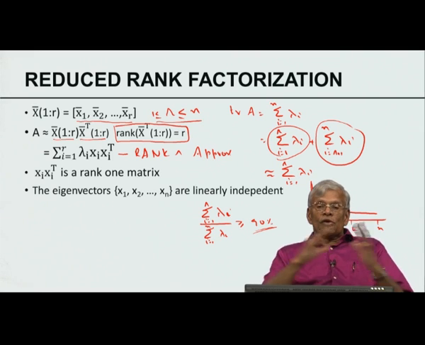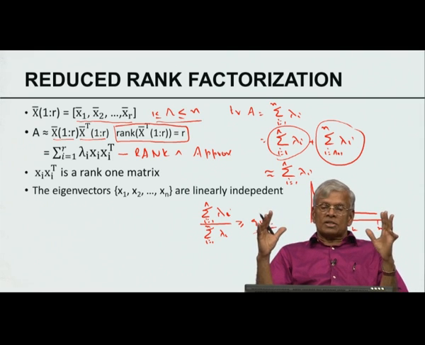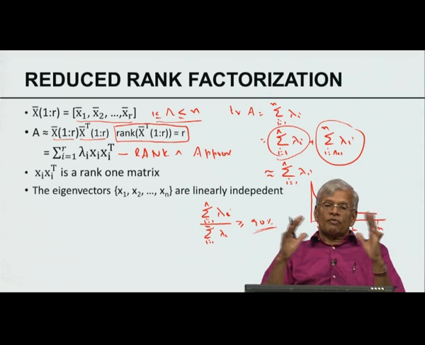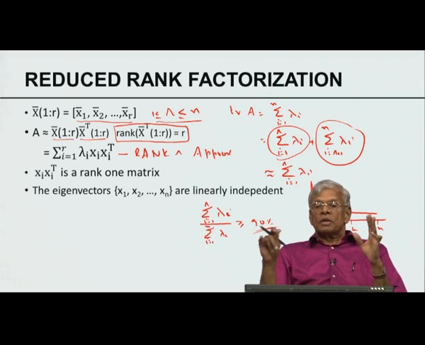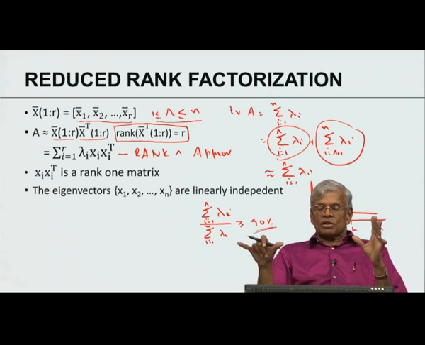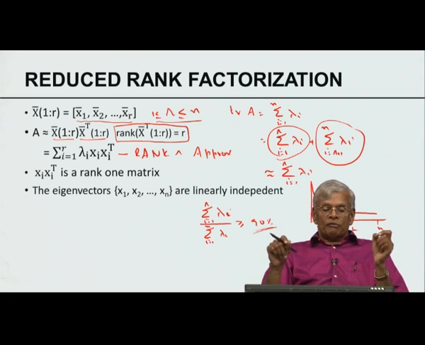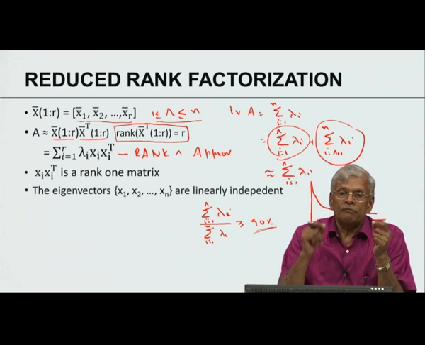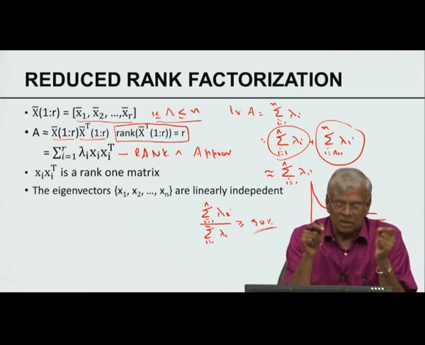So if I consider the full rank, I will have 100 percent of the variance accounted for. If I go for a reduced rank, I am going to neglect eigenvectors corresponding to very small eigenvalues. So we can talk about rank r approximation.